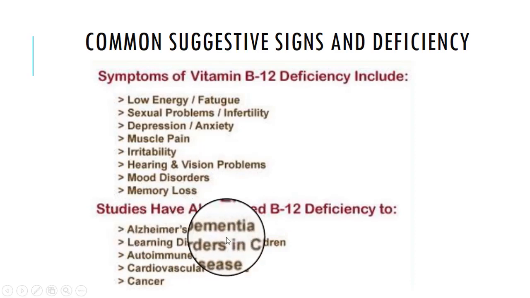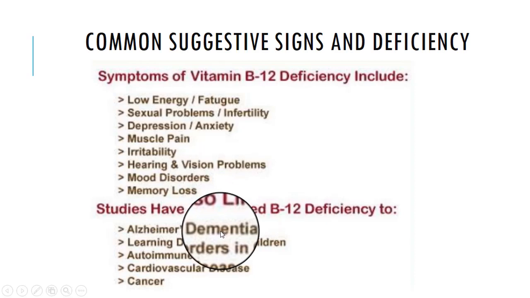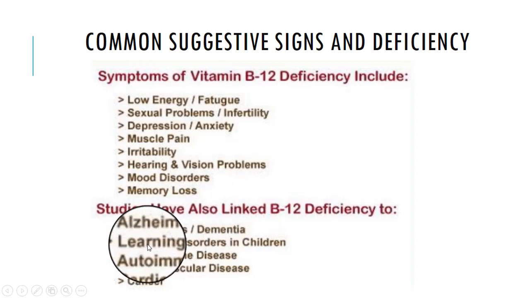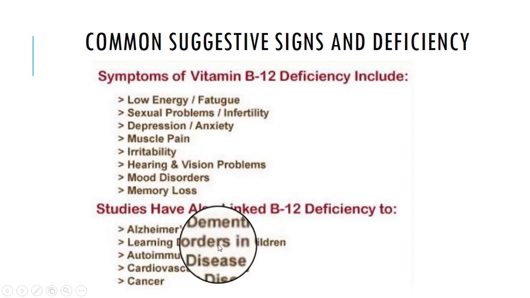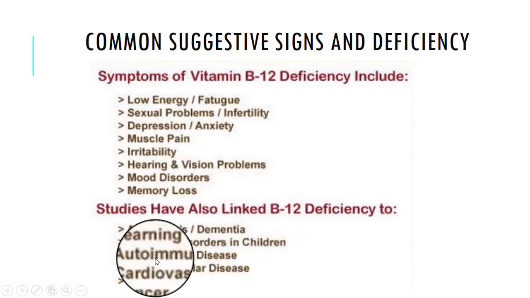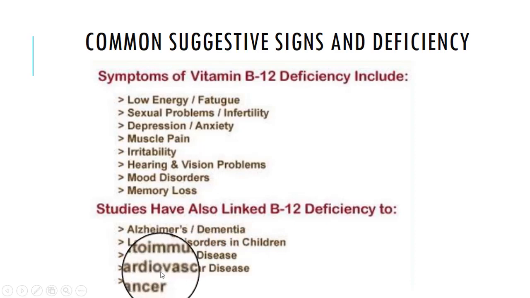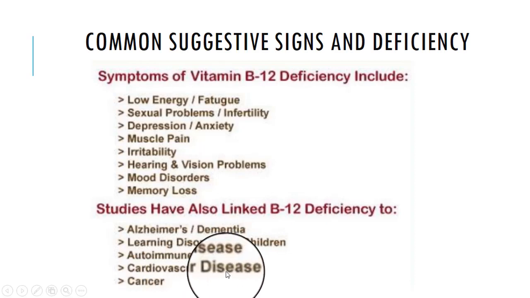Second, dementia, meaning forgetfulness, which is an old age problem, I think. And learning disorders in children. Next, autoimmune disease. Next, CVS disease, meaning cardiovascular disease. Diseases which are related to your heart.